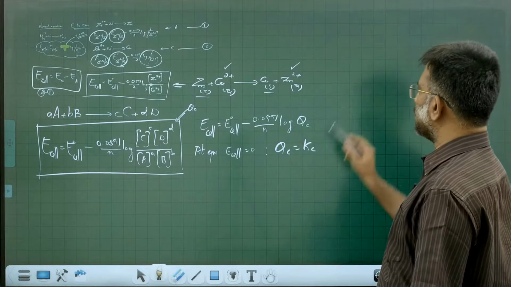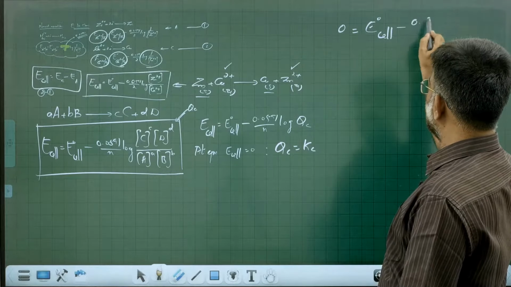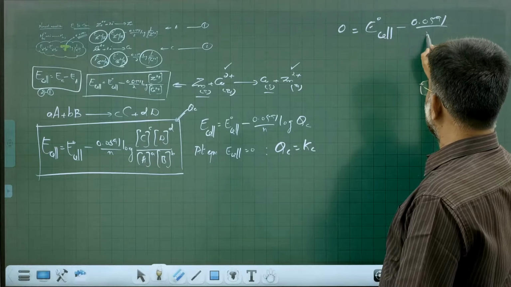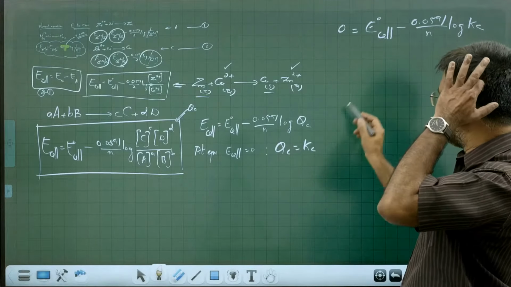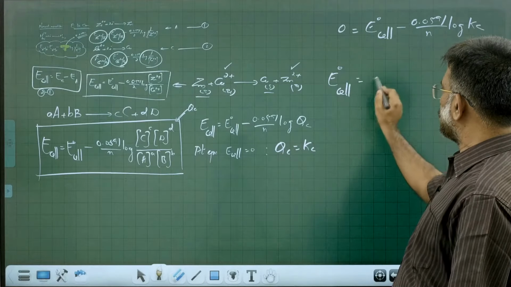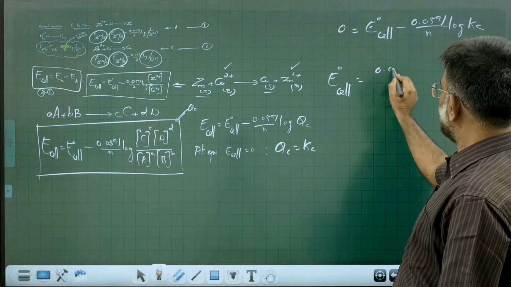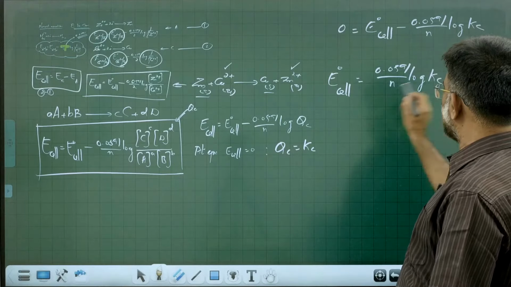Now you will get the relation 0 equal to E naught cell minus 0.0591 by n log Kc. That takes you to the relation E naught cell is equal to 0.0591 by n log Kc.